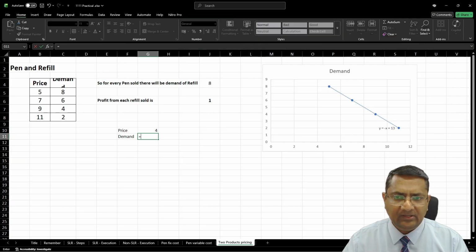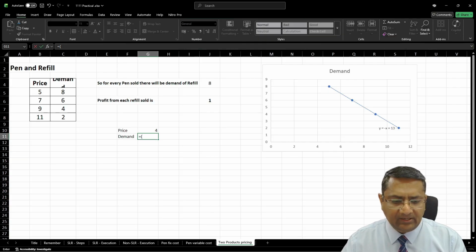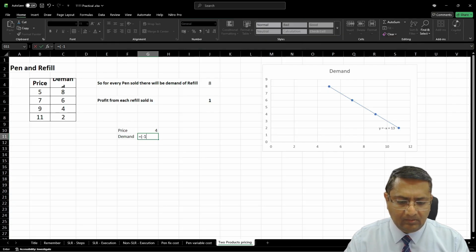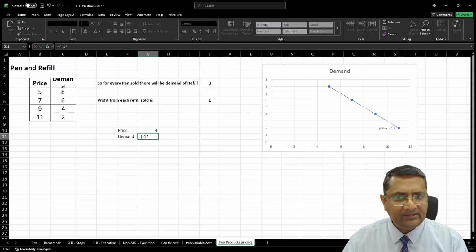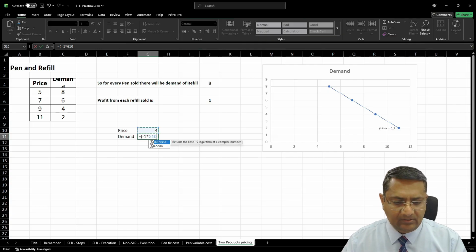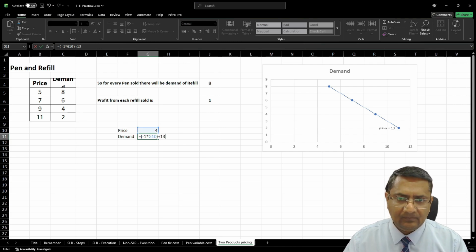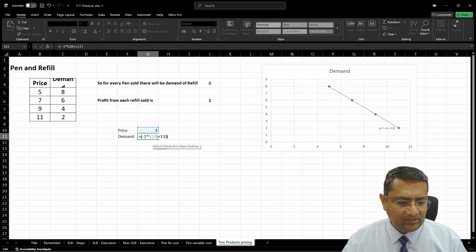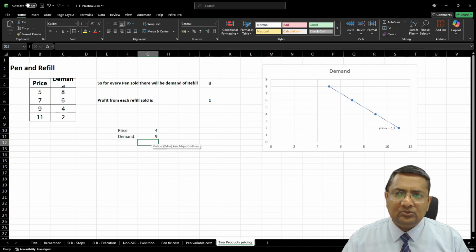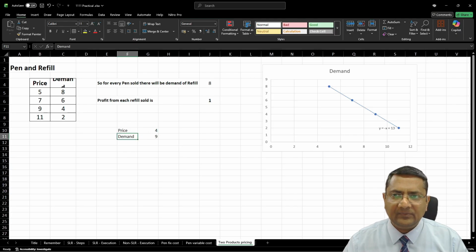Minus x means 1. So let's start a bracket. Minus 1 multiplied by x. X is what? Our price. Let's close the bracket and then plus 13. Okay, let's close this bracket with one more bracket here and then press enter. So when we sell the product or a pen for 4 rupees, there will be demand of 9 pens.